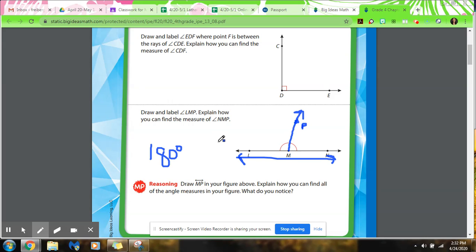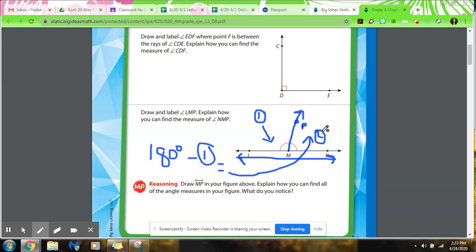Well, we need to remember that a straight angle equals 180 degrees. So when you figure out what angle number 1 is, how would I get from angle number 1 to 180? You take 180 and subtract angle number 1 in order to get your answer for angle number 2.